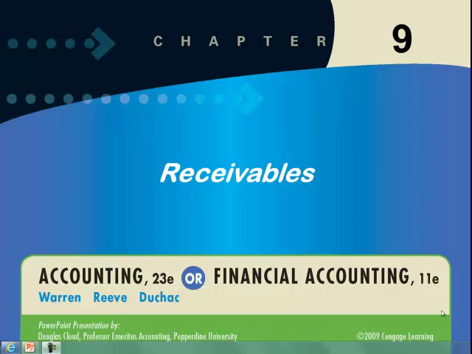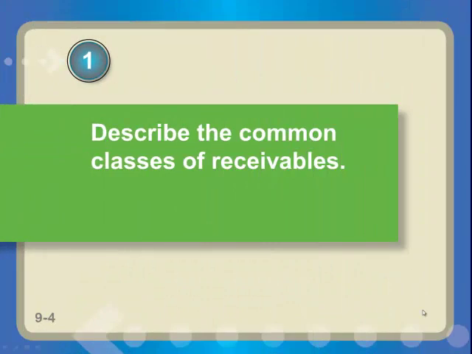That's the GAAP-approved method, and it has to be used for a significant amount. So you've got the two methods. After we finish the notes of the chapter, I've got a handout for you for some journal entries. So we'll get those in a little bit.